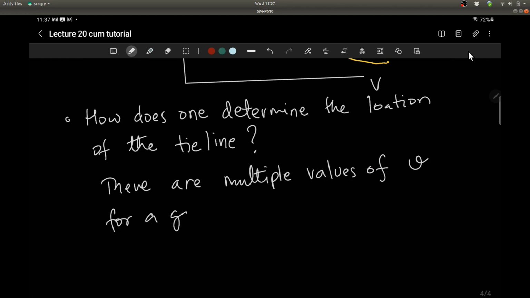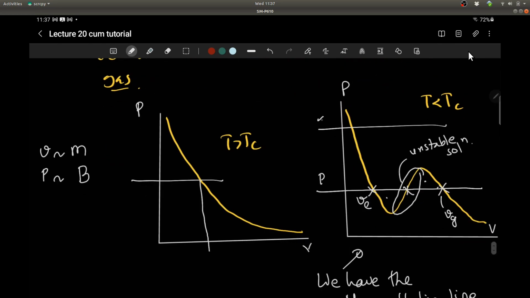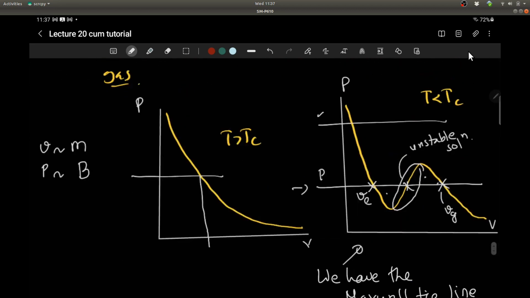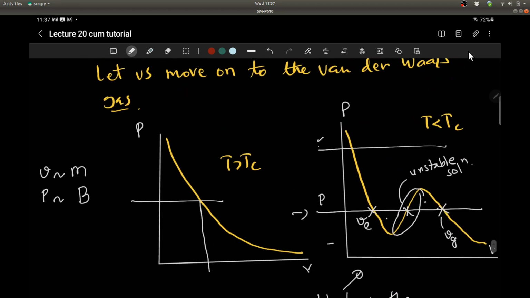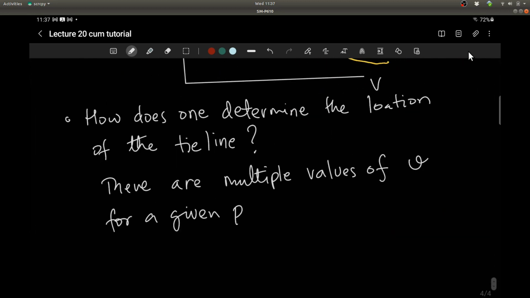For a given P, I'm assuming it's in this range, there are 3 solutions. If it is in this range, or here, it's unique. Everything on the bottom is liquid, everything on the top is gas, or the other way around, whatever. So you get what I mean. There are multiple values of V for a given P.